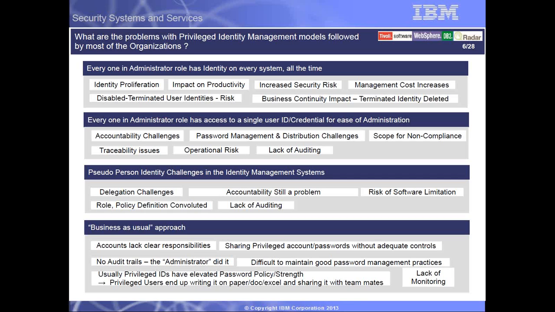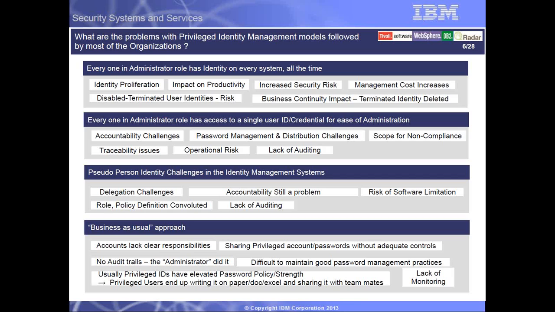Disabled, terminated user identities. Now here, when you have individual IDs in the environment, whenever a person moves out, most of the companies do not delete these IDs from a policy standpoint. They keep them for a certain period of time and then remove them. Until that period, there is a risk of having these IDs in the environment. This happens because your individual IDs are there in the environment with privileged access.